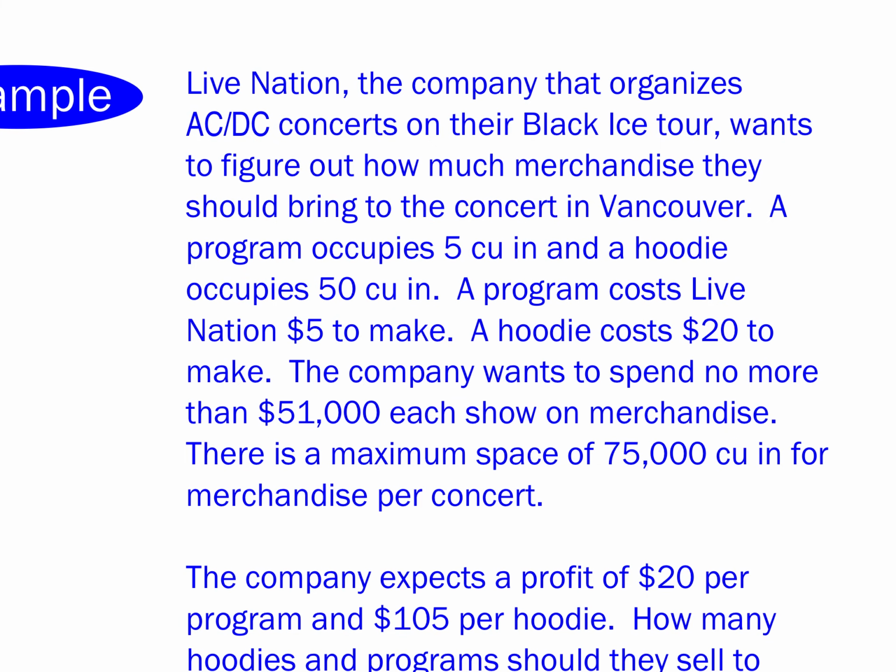Live Nation, the company that organizes AC/DC concerts on their Black Ice tour, wants to figure out how much merchandise they should bring to their concert in Vancouver. A program occupies 5 cubic inches, and a hoodie occupies 50 cubic inches. A program costs Live Nation $5 to make.